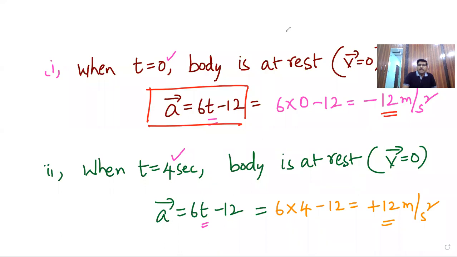Okay. Now, let me take up a third numerical. S is equal to 3t i cap plus 4t j cap.